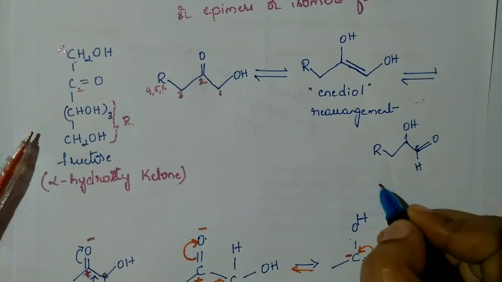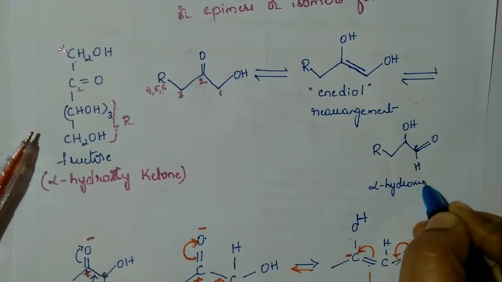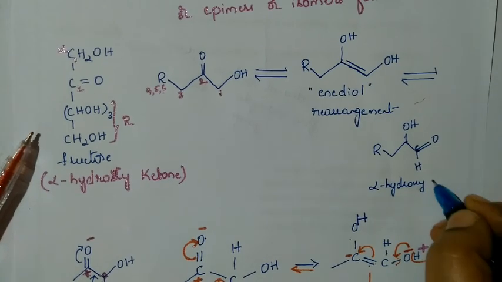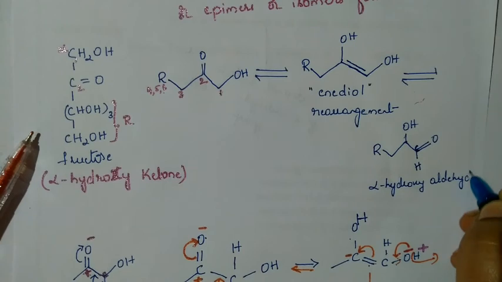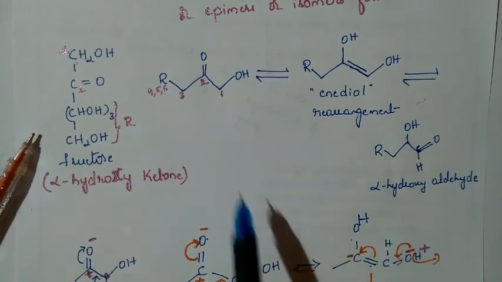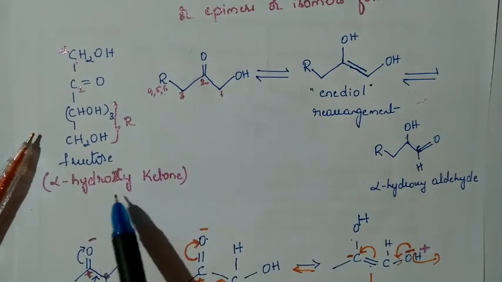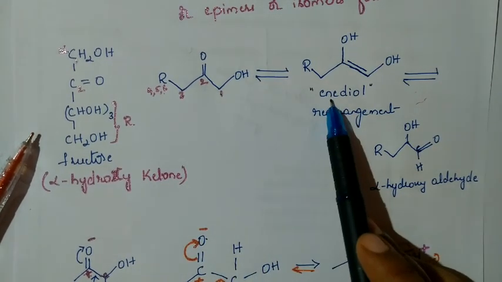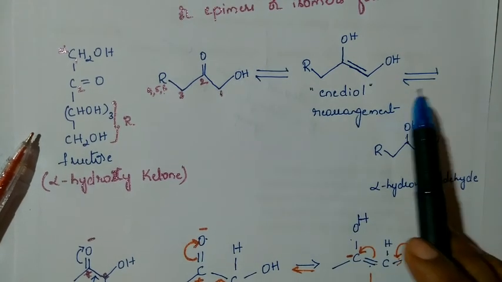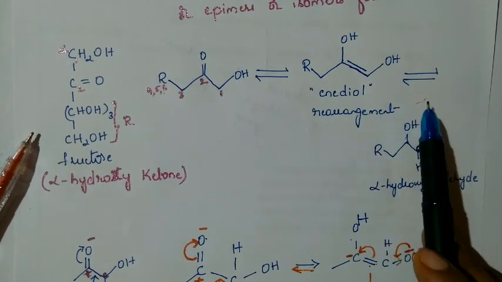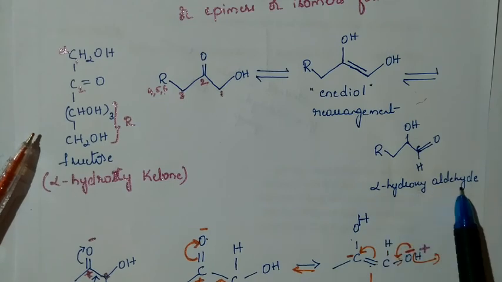We can name that one alpha hydroxy aldehyde. What we took was alpha hydroxy ketone. It had undergone enediol rearrangement, and further isomerization or rearrangement has taken place to form alpha hydroxy aldehyde.